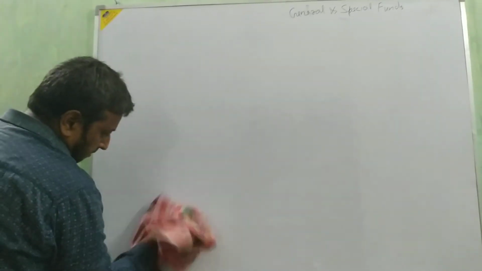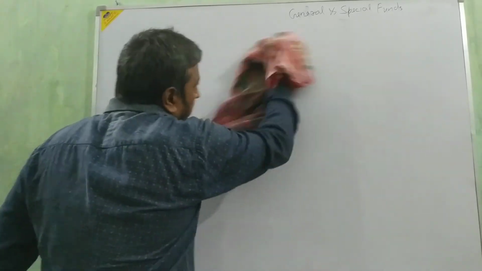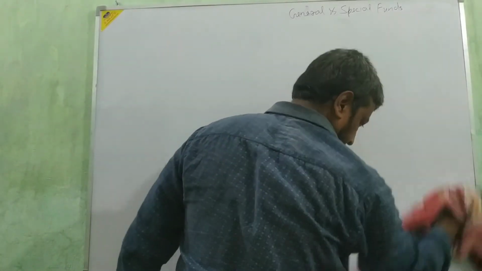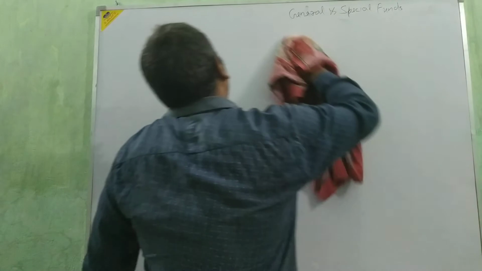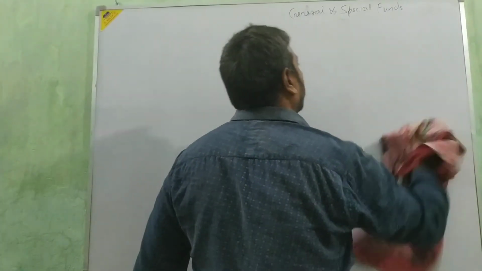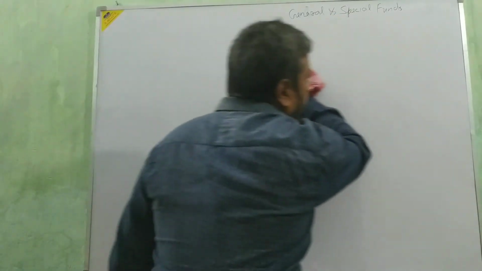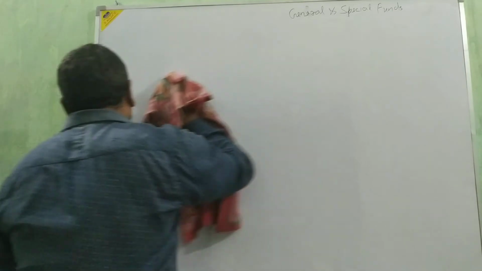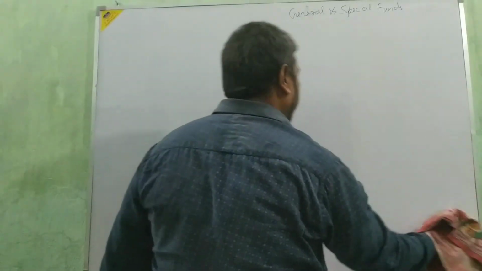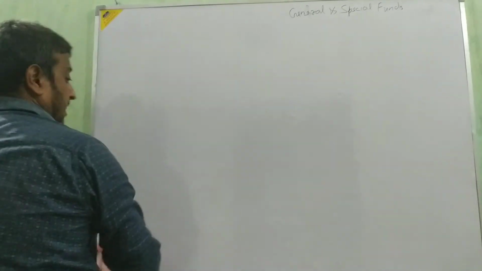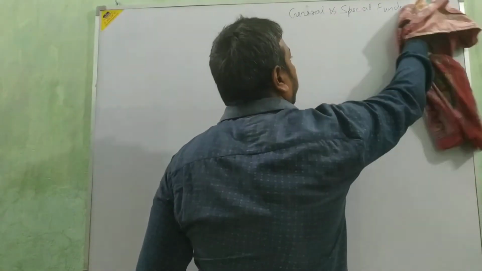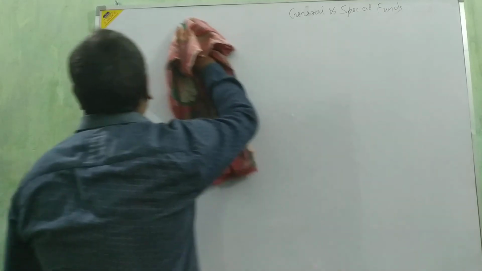But what treatment are we showing for that? Just see. If a journal or special fund is given in the question, and the expense or income related with this journal or special fund is given, then that expense or income we are not going to show in income and expenditure account, beta.